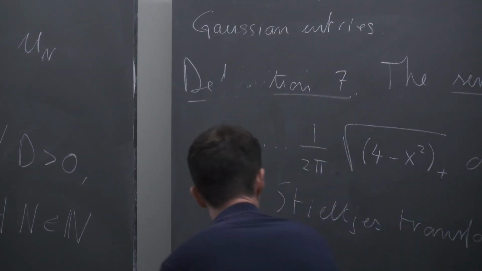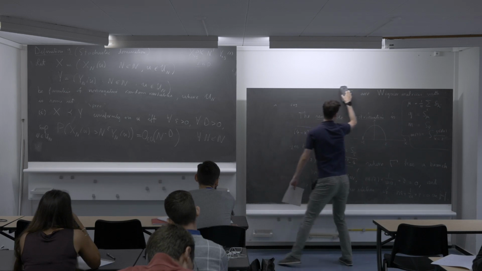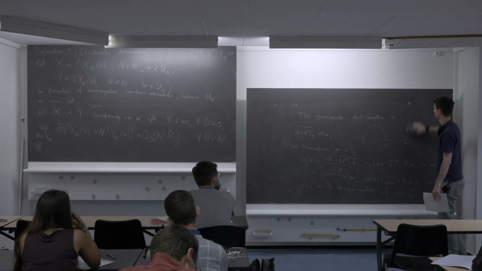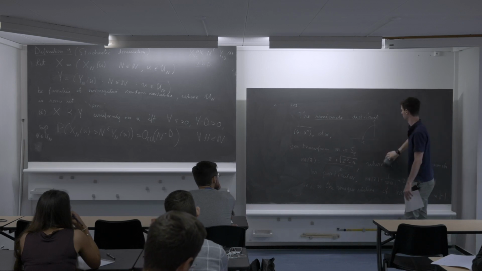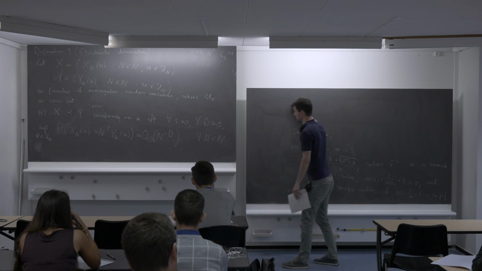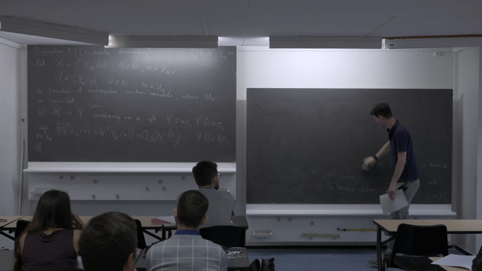So this is a crucial definition which is going to underlie all of our arguments. In fact, historically, it took some time for this definition to emerge. It looks very simple, but it really does miracles to the way you can write down arguments in random matrix theory.